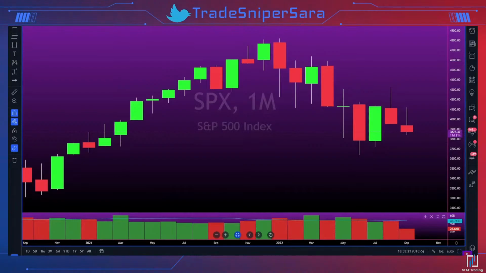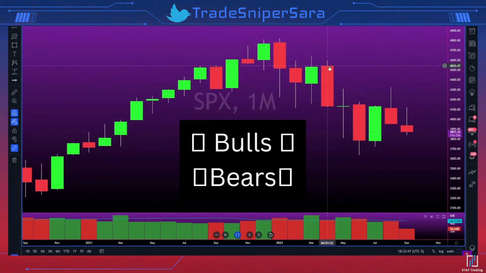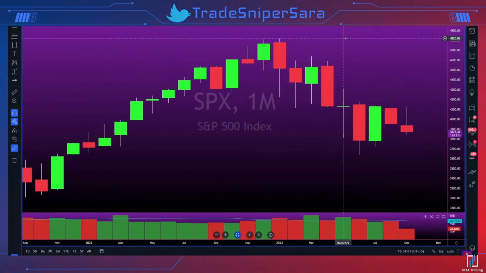I want you to think about it in the most rudimentary terms possible: looking at any given time frame and any given candlestick, looking at what color it is and noting who would be in control. Because that's what time frame continuity does for us. It shows us who is stronger, the bulls or the bears.